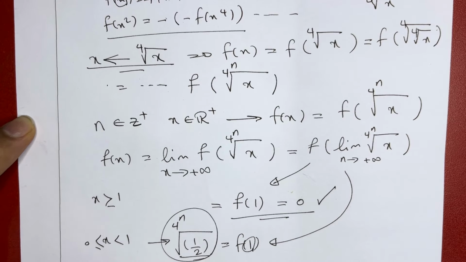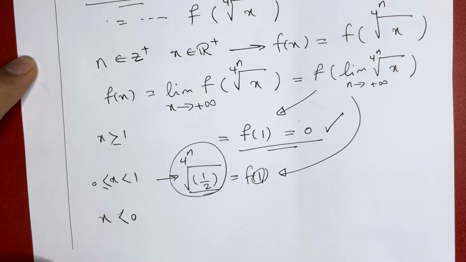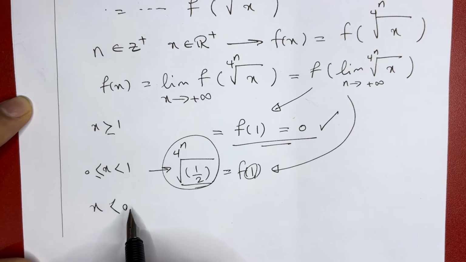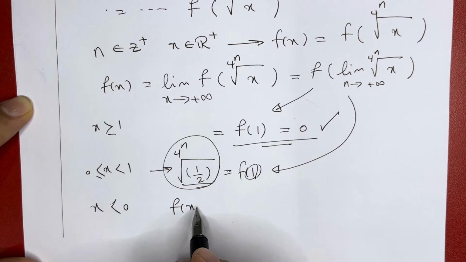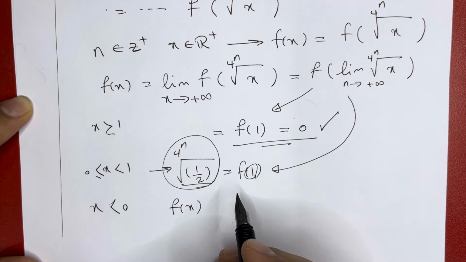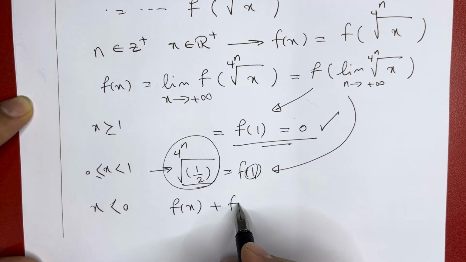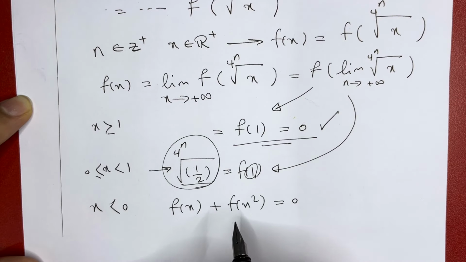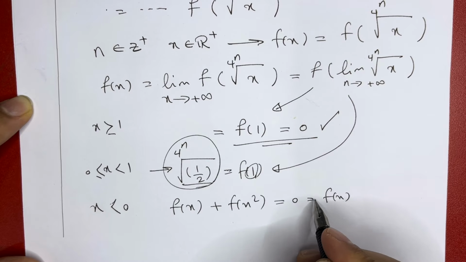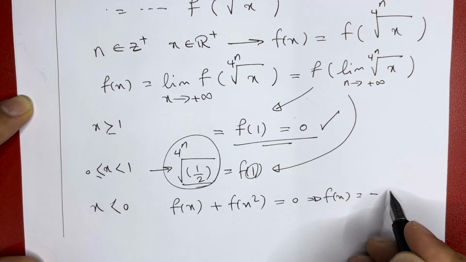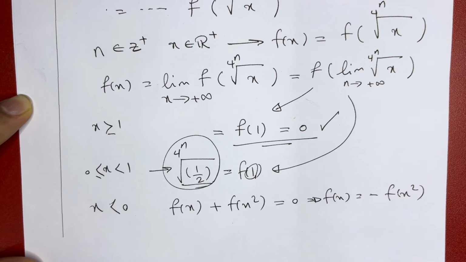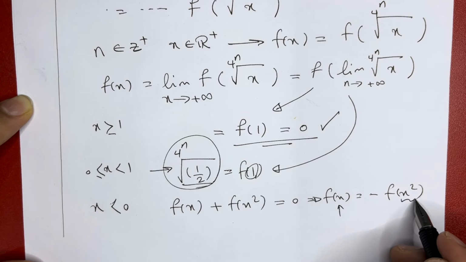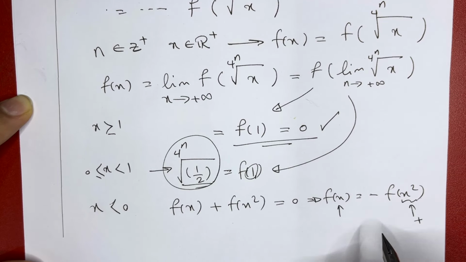How about the other case, x less than 0, or negative x? Going back to the original equation, f of x plus f of x squared equals 0, so f of x is negative f of x squared. If x is negative here, x squared is going to be positive.